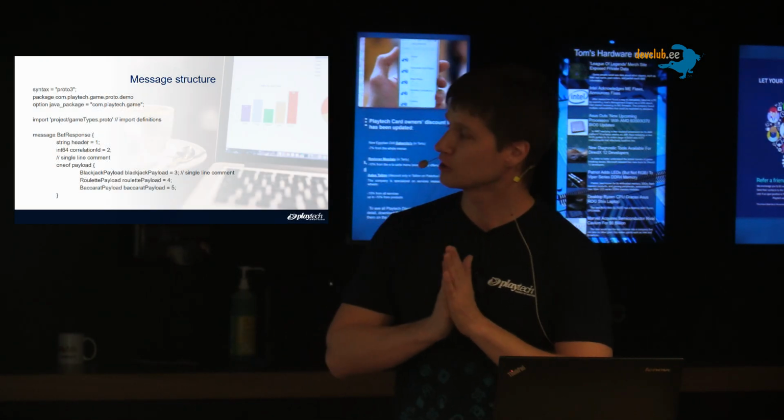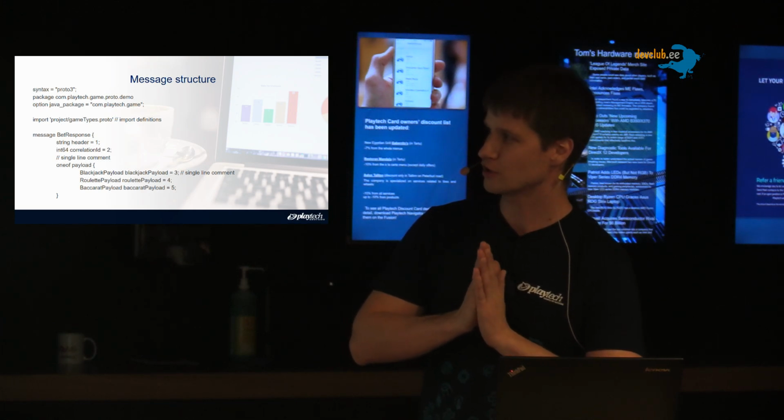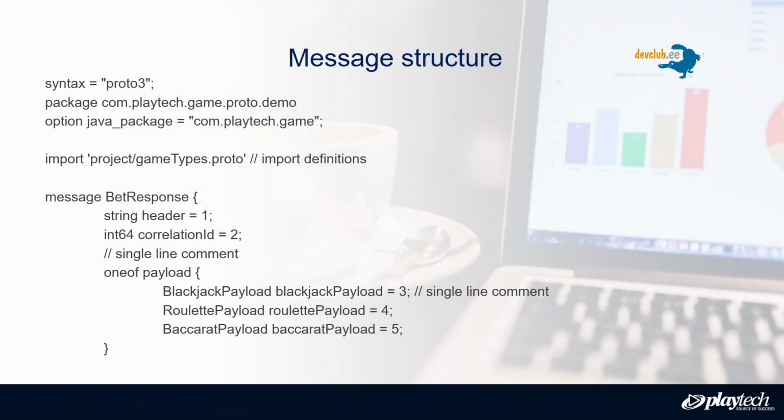So here I'm going to try and show most of the data structures and keywords or other options that protobuf gives to you. So first line, as you can see, says syntax proto3. This is really important because from now on, our compiler will know that we're working with protobuf 3 and not protobuf 2.